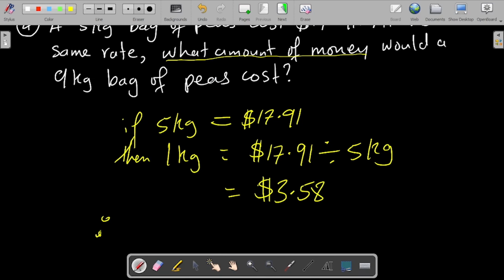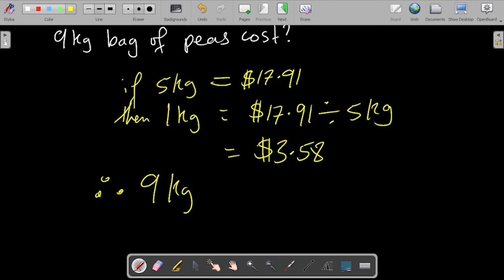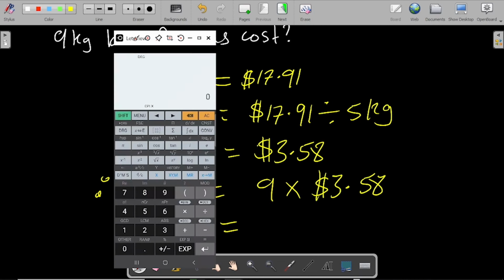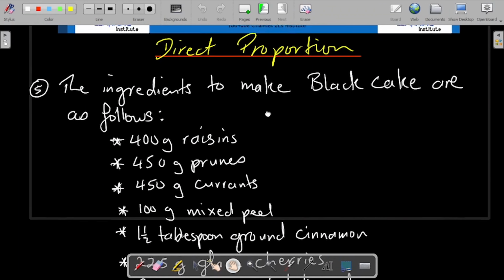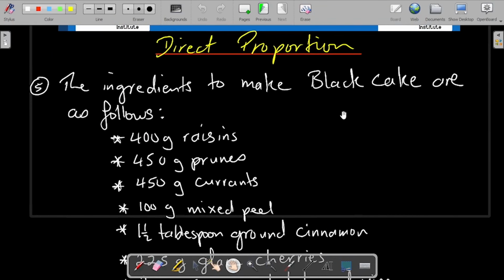So therefore 9 kilograms would be equal to 9 times the cost for 1 kilogram, which is $3.58. 9 times 3.58 is $32.22.